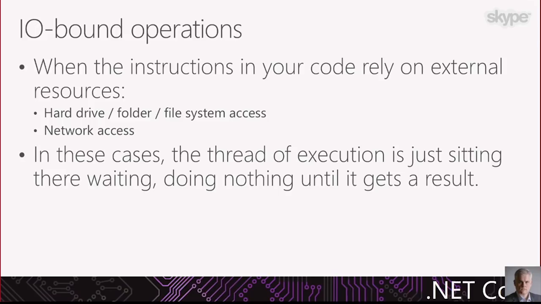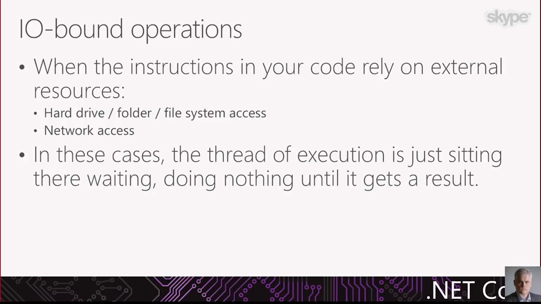So whenever the instructions in the code that you write rely on some external resource like the hard drive or network resource, internet resource, whatever the case might be, the CPU, what is it doing? It's just sitting there and it's waiting for the result of that operation. Now, in most cases, this means that it's waiting for a particular region of memory to be filled up with data, and then it can access that data through what's called a stream.